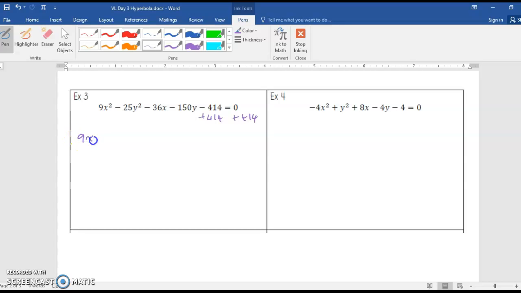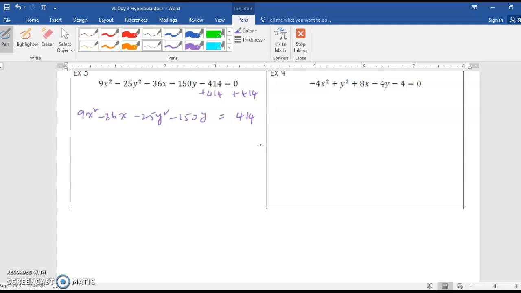So 9x squared minus 36x, and here you have minus 25y squared and a negative 150y equals 414, right? Now we are taking this as one group and this as the next group, and as we do, be careful with the minuses.